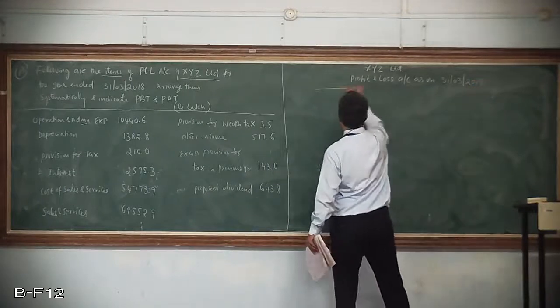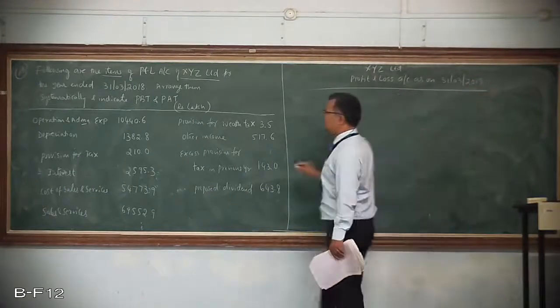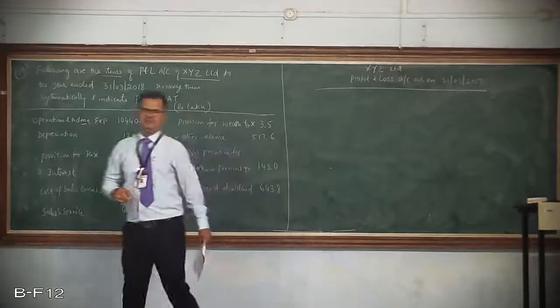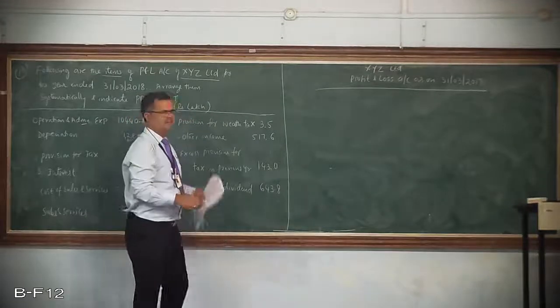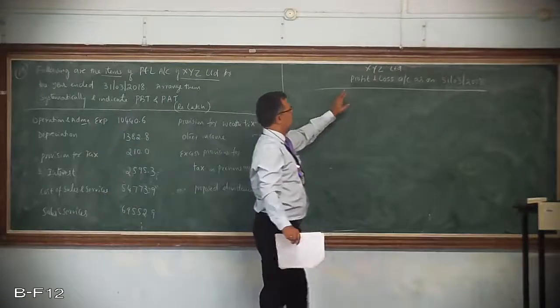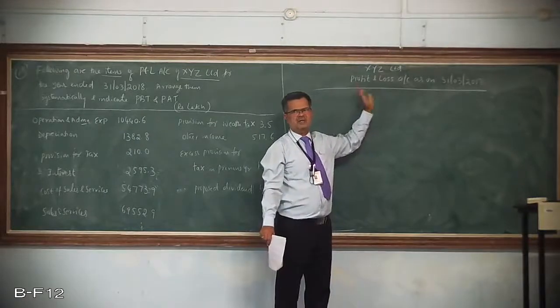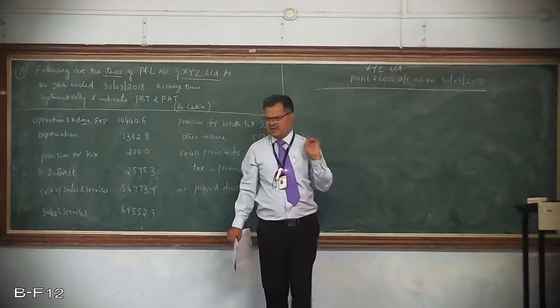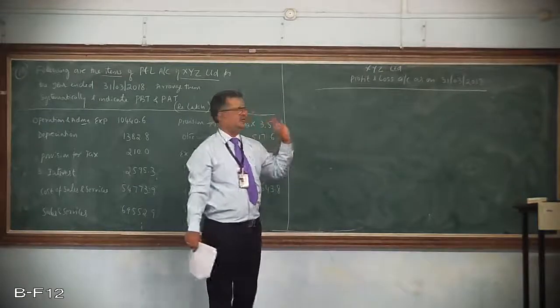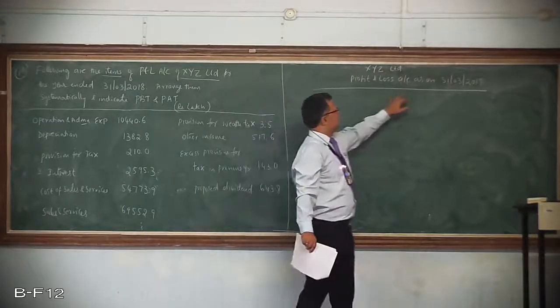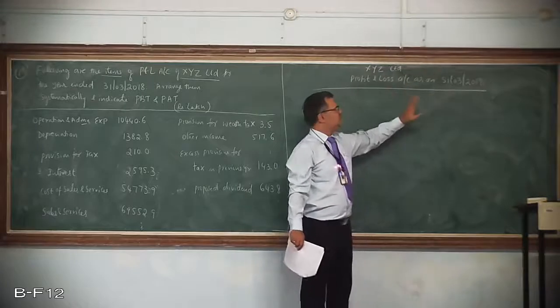This is the heading of the P&L account. First the company name, next what you are preparing, whether profit and loss account or balance sheet, that should be mentioned here. So profit and loss account as on 31/3/2018.